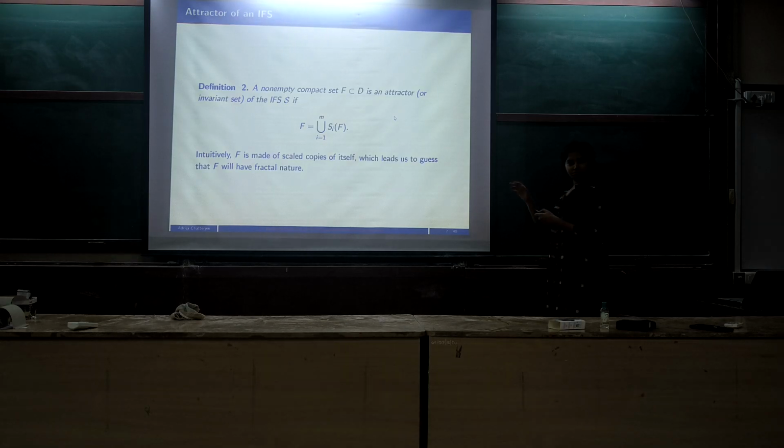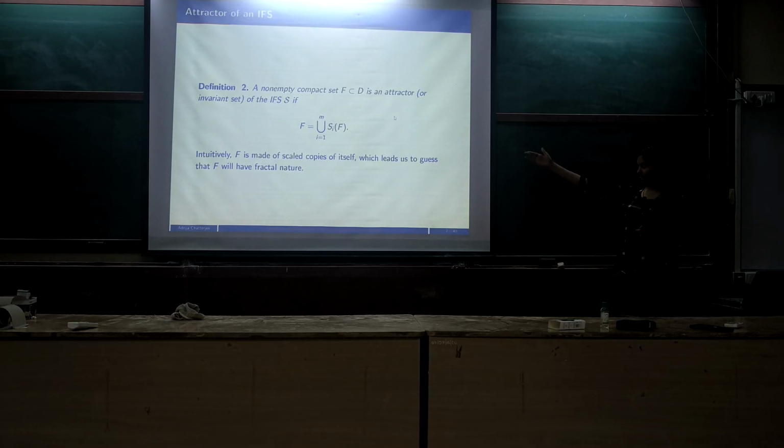So, well, since it's an invariant point, and instead of just one map we have a set of maps over here, we can talk about an invariant set, right? We can generalize it to a set. So you have an IFS S, and the attractor F of that IFS is basically the invariant set of that function system. So it satisfies F = union of Si(F).